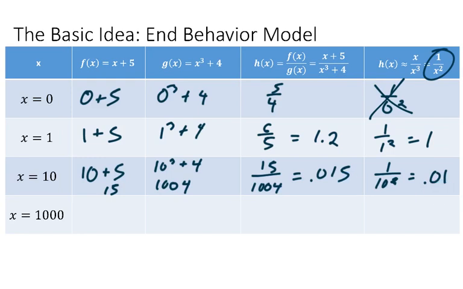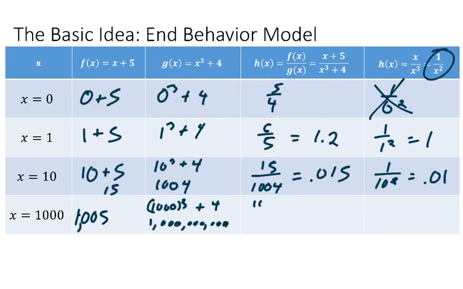Now let's do x equals 1,000. So this would be 1,005 over 1,000 cubed plus 4, which is 1,000,000,004.